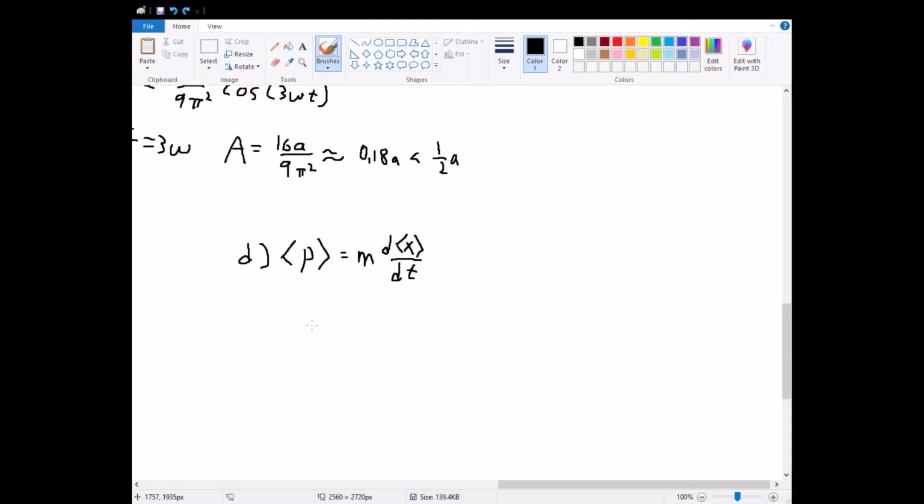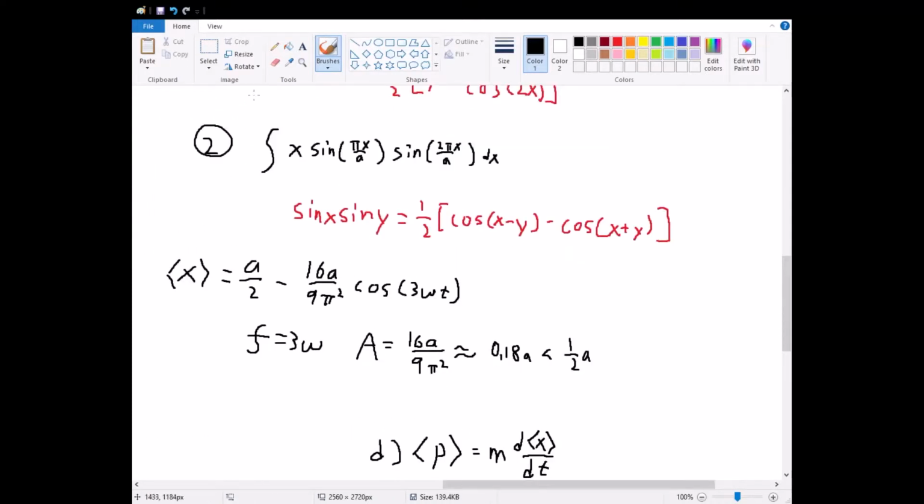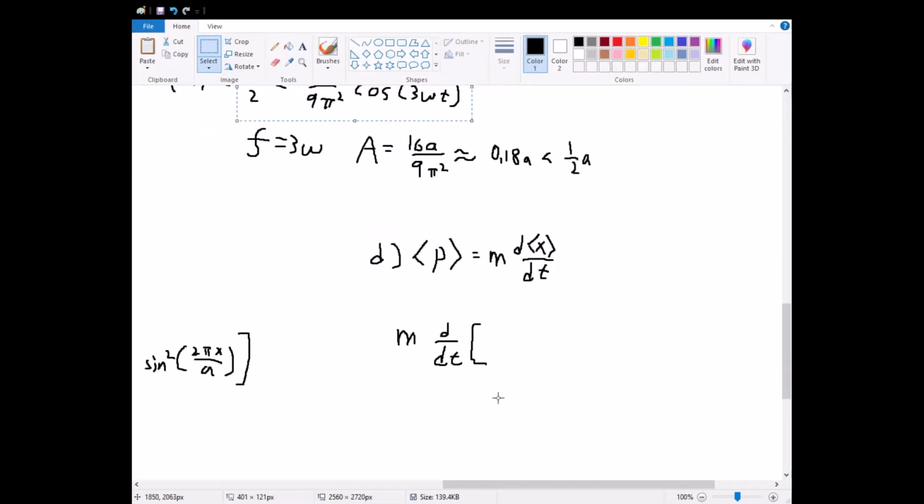So instead, we're just going to do this. This is going to be equal to m times the derivative with respect to time of our expectation value of x. So m times d over dt of our answer from part C, which is this expression right here. So we're going to shove it in, and this is infinitely easier to solve.